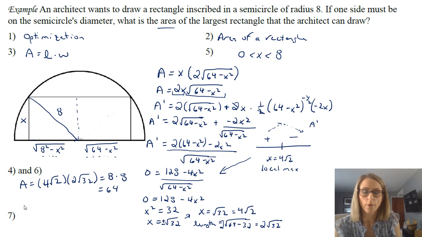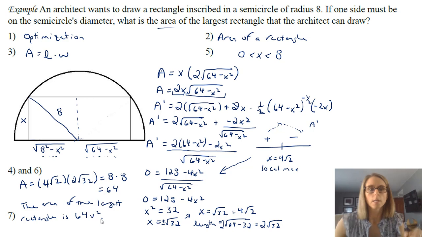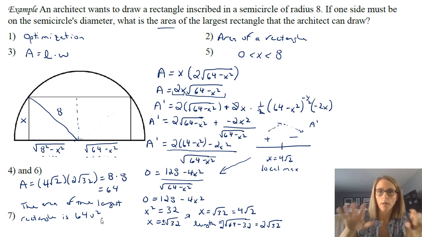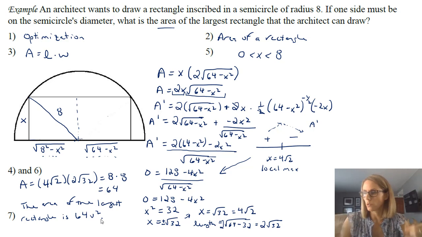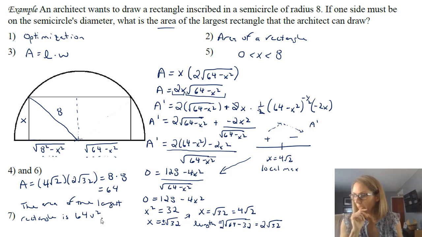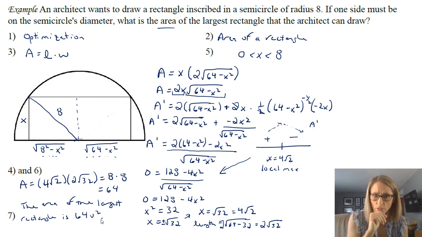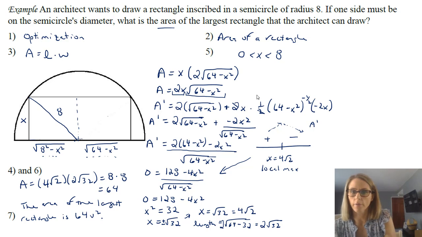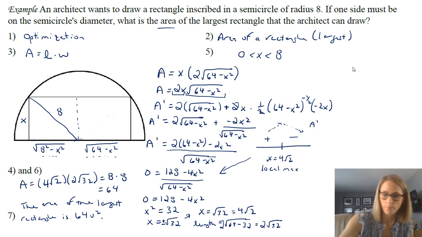So the area of the largest rectangle is, and we'll say 64 units squared, simply since it doesn't tell us any kind of units here, it just says radius 8, so we can use units squared to indicate that that's area, and we've answered our question. So we were maximizing the area of the rectangle.